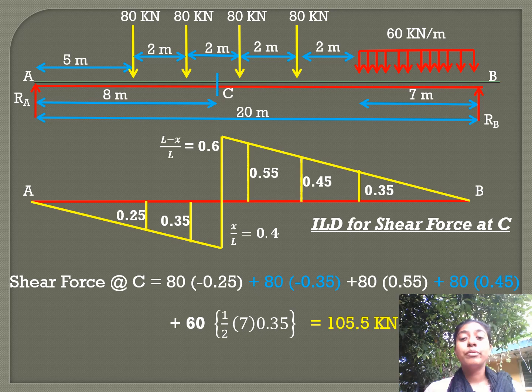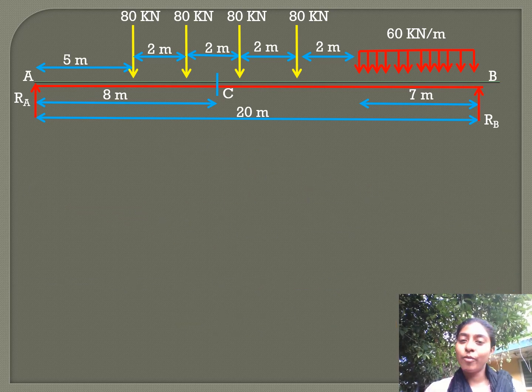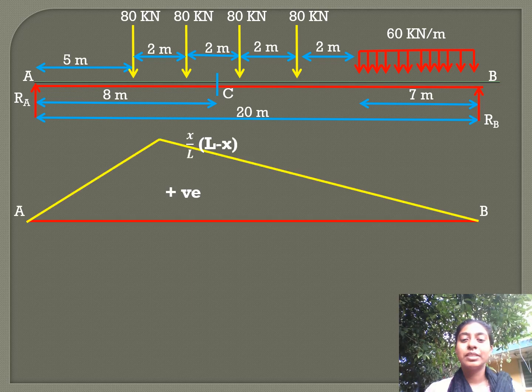Now we will go for how to find the bending moment. In the same way, for any given conditions of loads for a simply supported beam, we know the influence line diagram for the bending moment is like this.